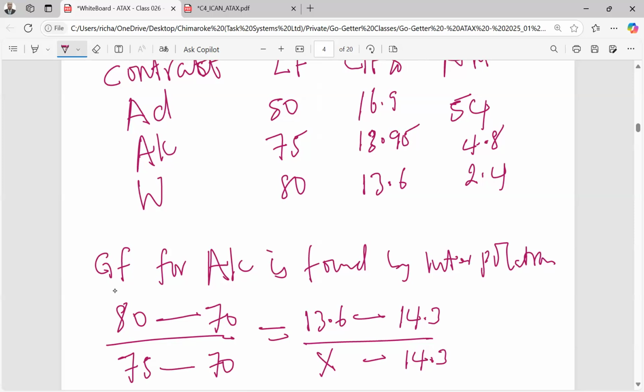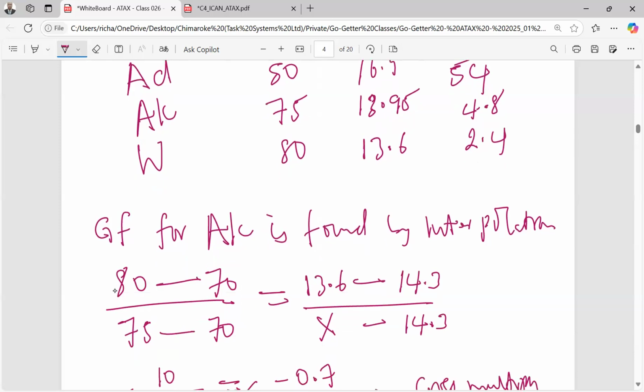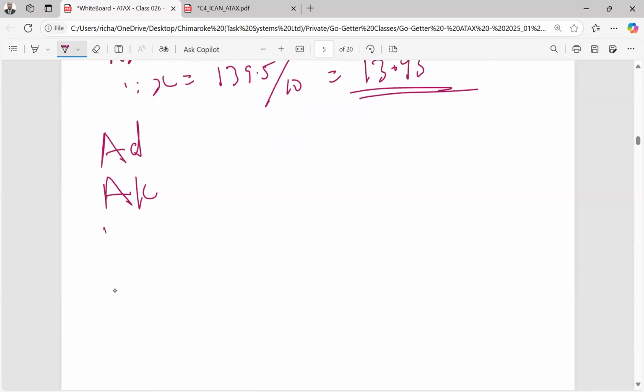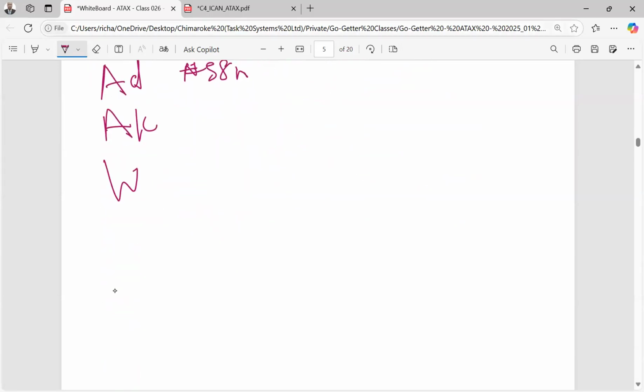Okay, so what you will do now, you will now calculate. This is AD, this is AK, this is W. What is their value? This is 58 million. Let me take it from here again.